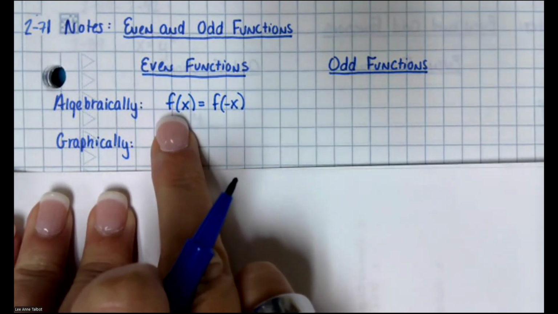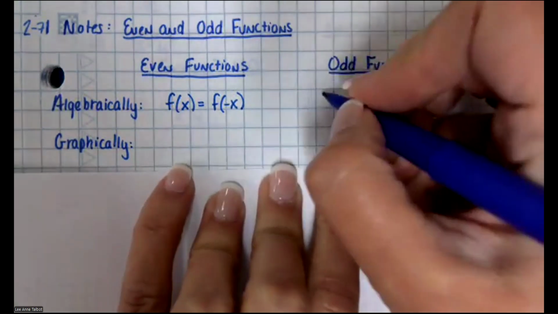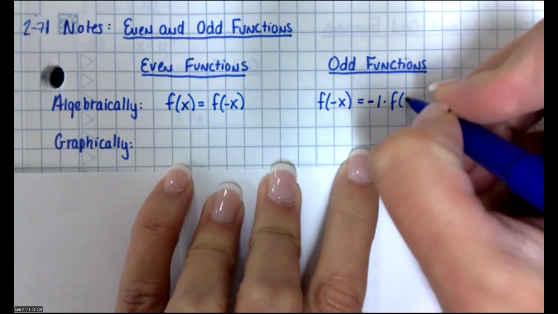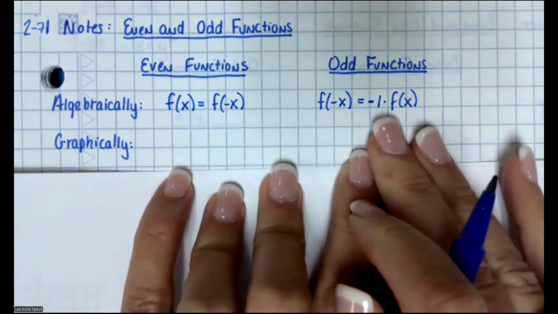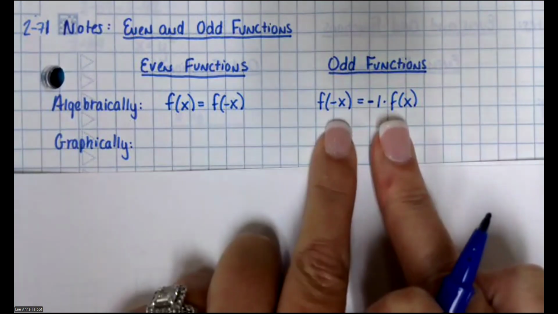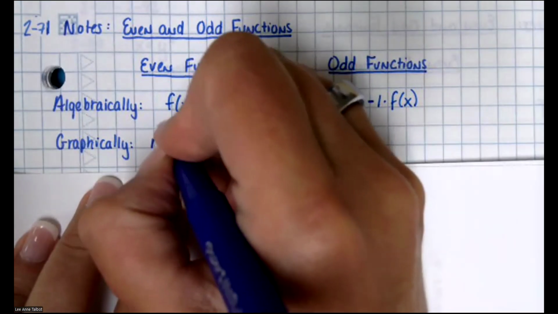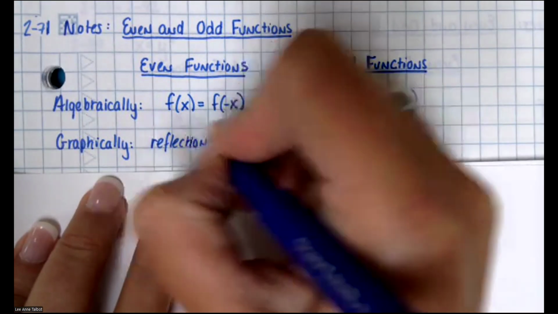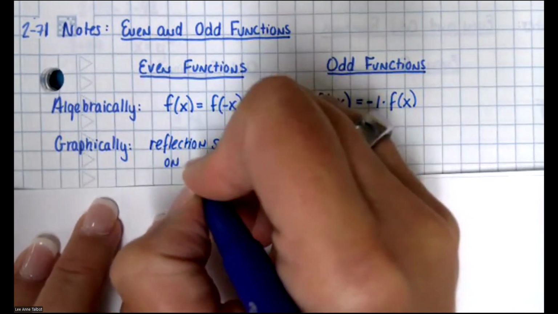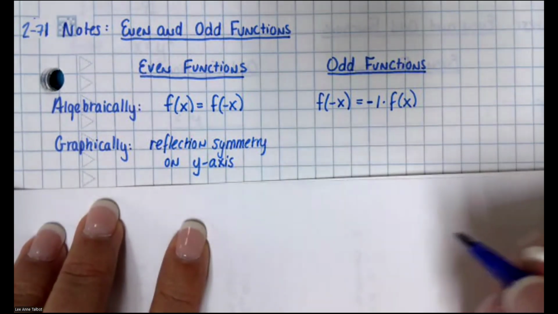So they're even when column 1 matches column 2, and they're odd when column 2 matches column 3. Okay, graphically, reflection symmetry on the y-axis, it has to be.